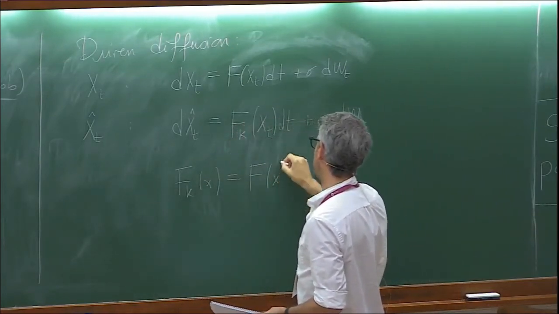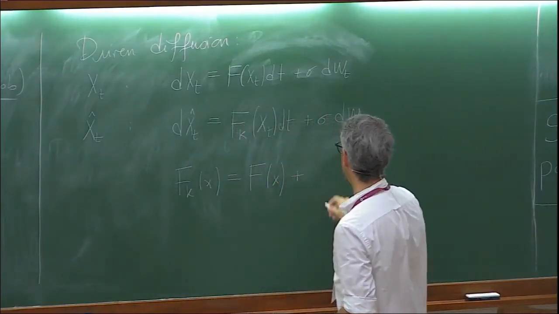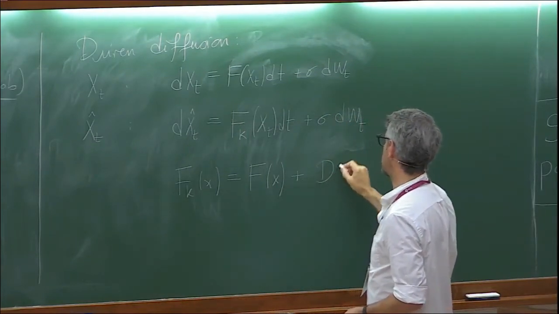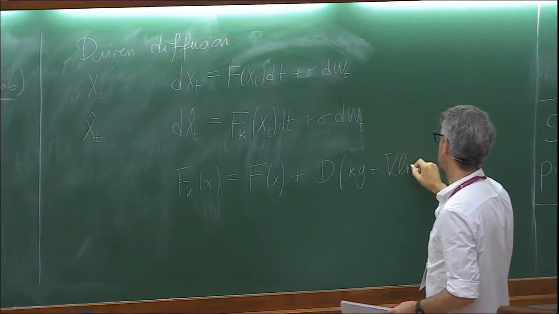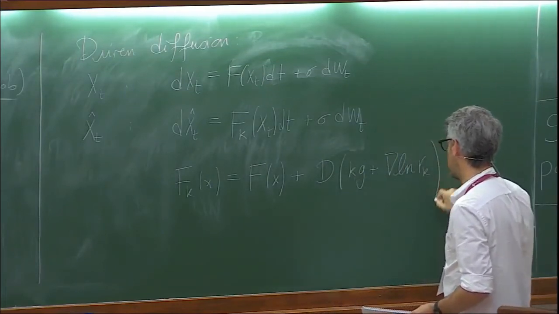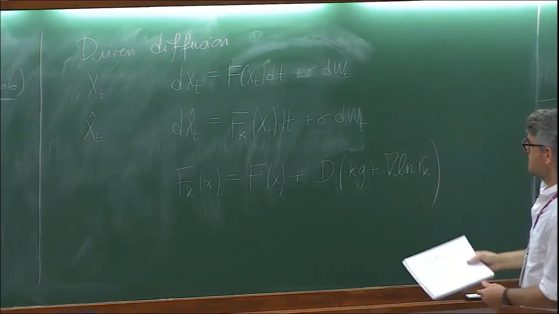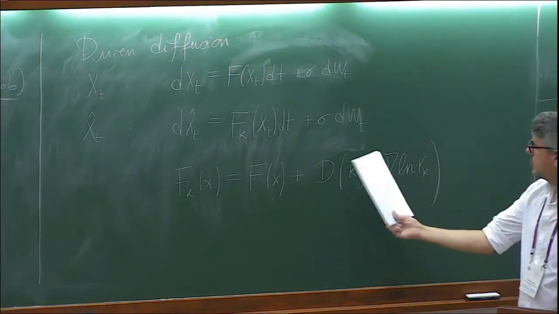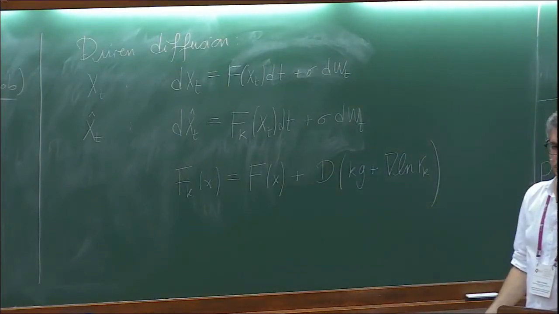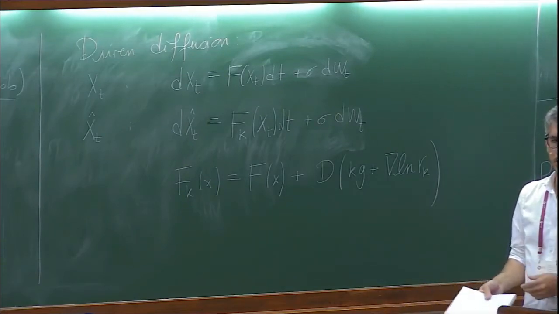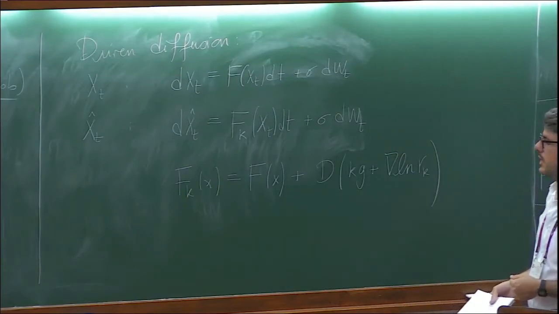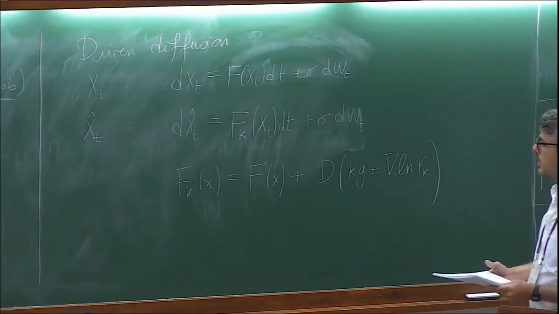It's an additive perturbation of the original drift, where you put the D matrix, Kg, plus the gradient of log Rk. If you don't have any g, then it's just a gradient perturbation of your original drift, and this is a result that was floating around for quite some time in stochastic control theory, also in terms of importance sampling, optimal importance sampling.